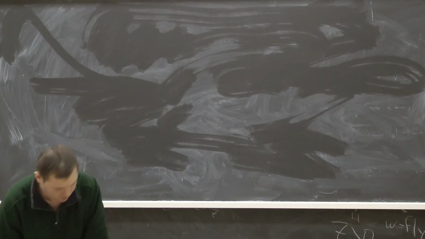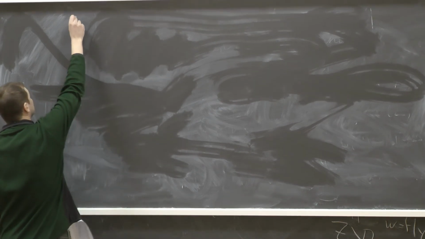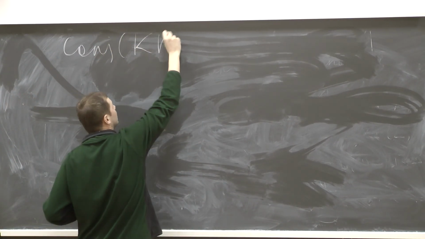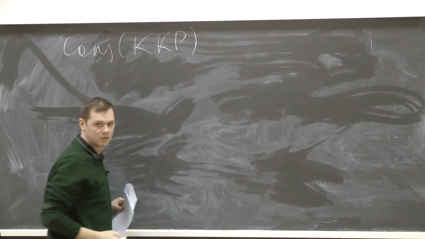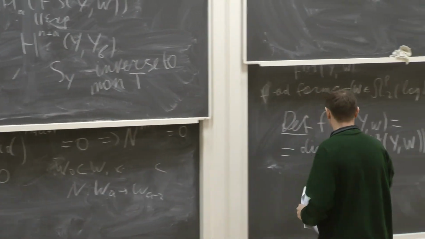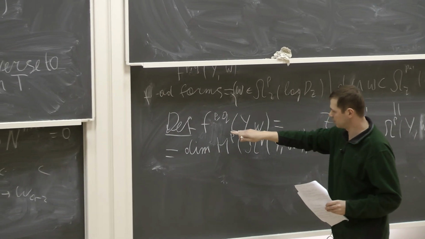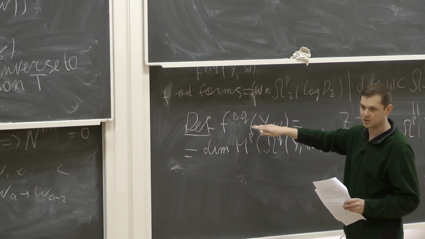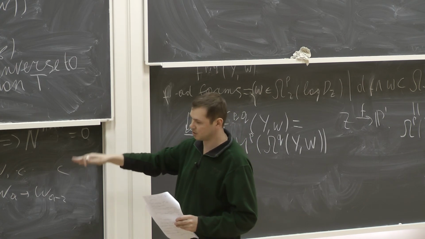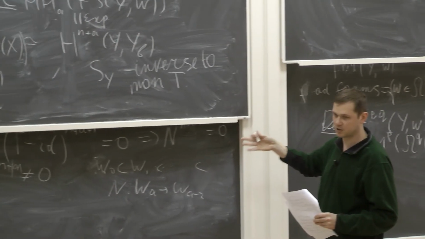So the first conjecture is related to the theorem that this f^{p,q} doesn't depend on Z, if the fiber over infinity is normal crossing.